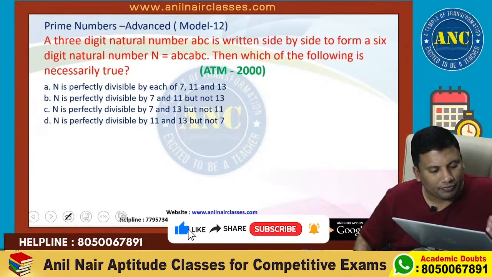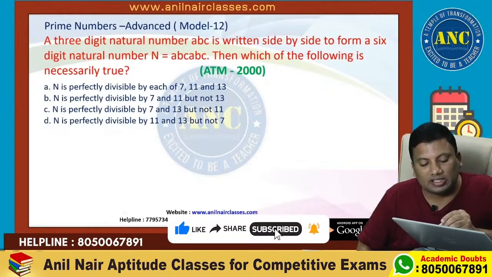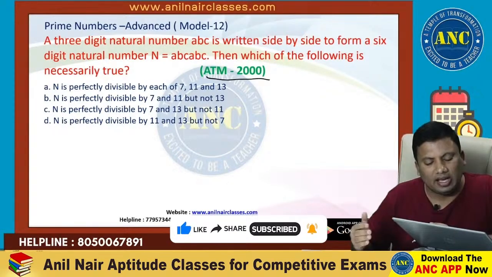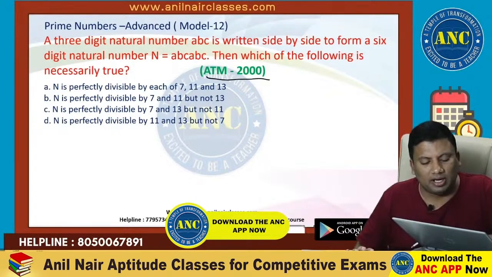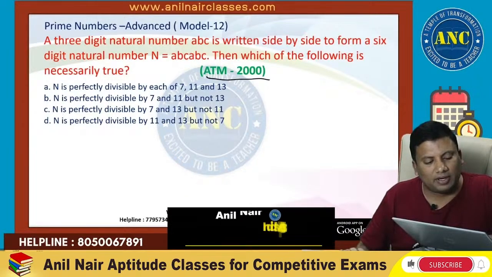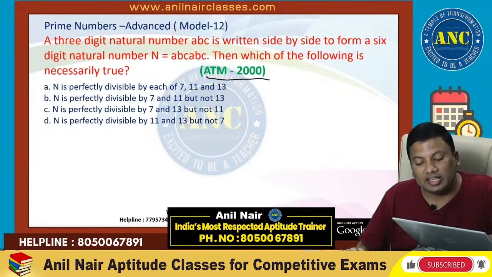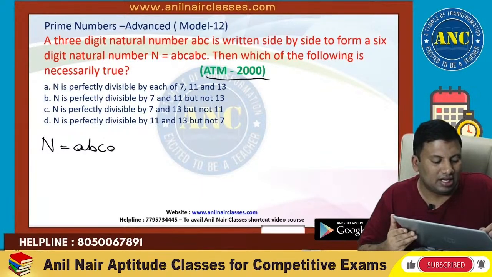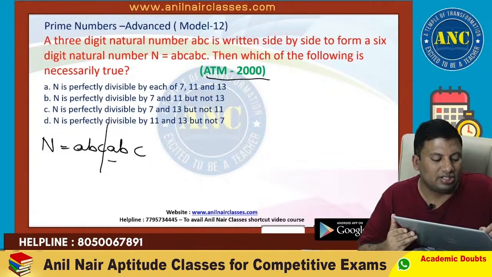Now, a 3-digit, this is what I said, some of the exams were previously to get into IIMs. There used to be another examination, way back 20 years before. A 3-digit natural number is written side by side, n equivalent to ABC, ABC. Any 3-digit number, what is the concept that we discussed?